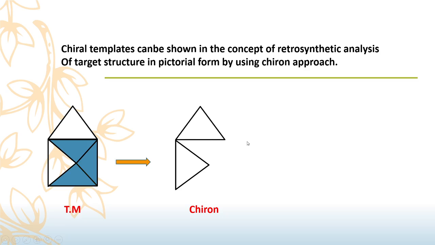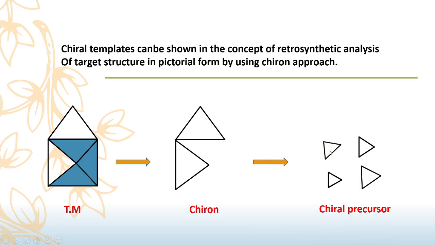And this is the chiron of this target molecule, and these are the chiral precursors. Means what? The chiral precursors or chiral templates are the exact segments of this target molecule. So by using this chiral precursor, we synthesize this target molecule.